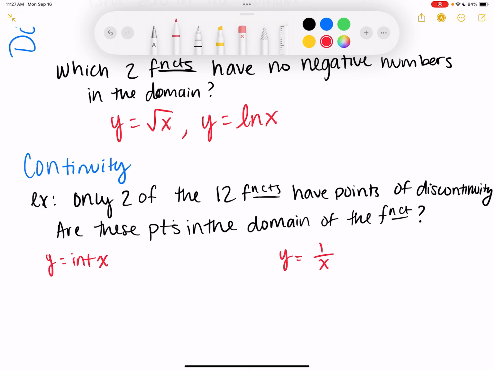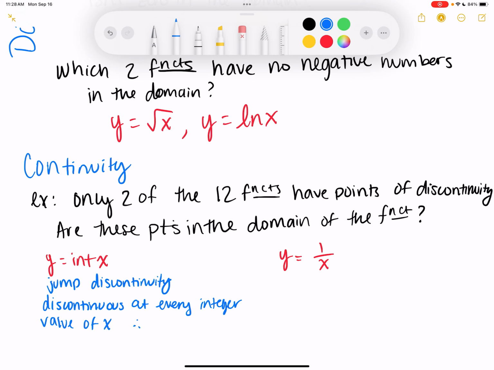The greatest integer function has what we call a jump discontinuity. This might come up a little bit in pre-cal, but it more so comes up in calculus with labeling the types of discontinuity. But this is discontinuous at every integer value of x.